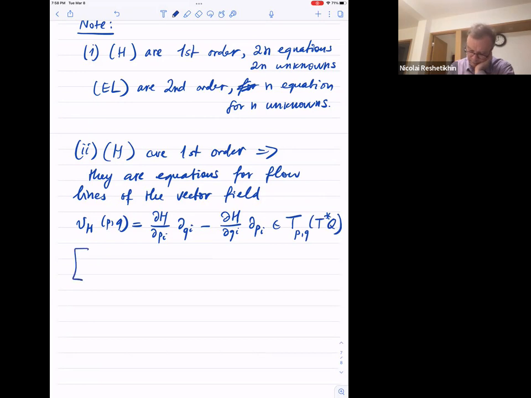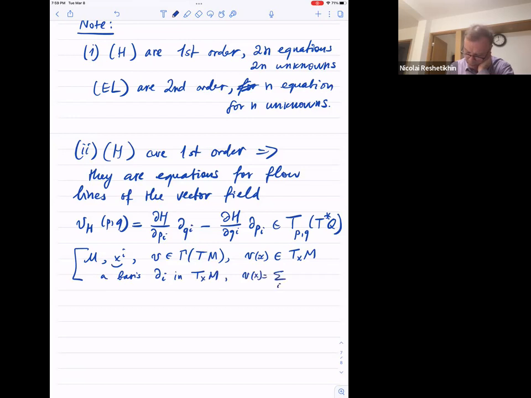Just remember that if you have a manifold M with a local coordinate system, and a vector field, which is a section of the tangent bundle, it simply means that for each X, it produces a tangent vector to M. Since we choose local coordinates, this gives a basis d/dxi in the tangent space at X, and then we can write V in terms of this basis.